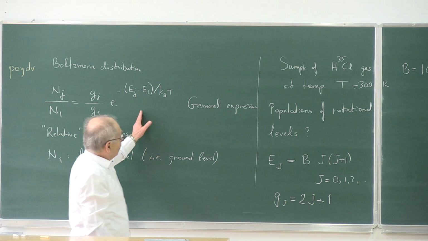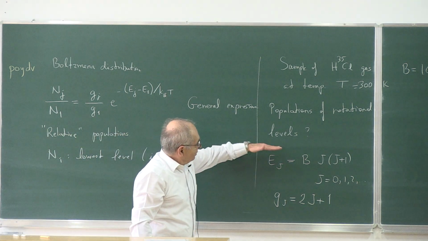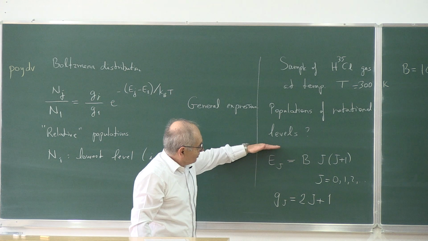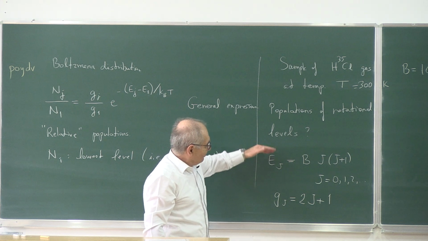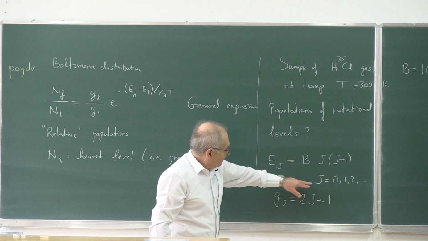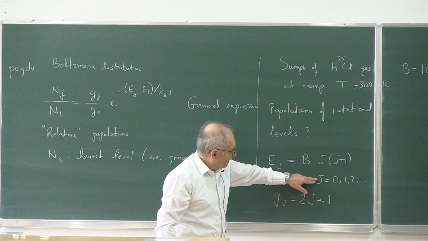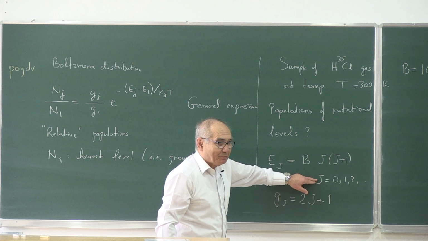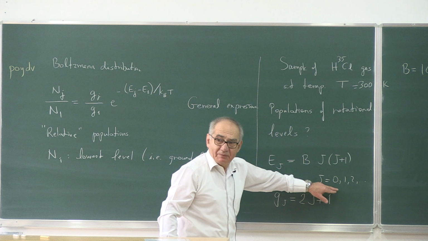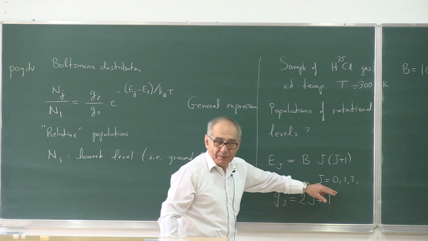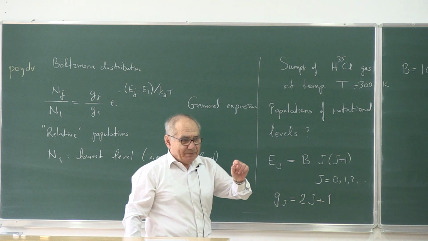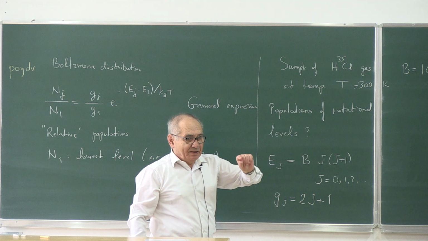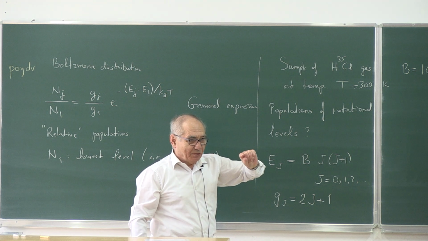Now when we apply it to the rotational energy levels case, notice that rotational levels are labeled by the J quantum number, and the lowest value for J is 0. So we need a slight change in our notation.